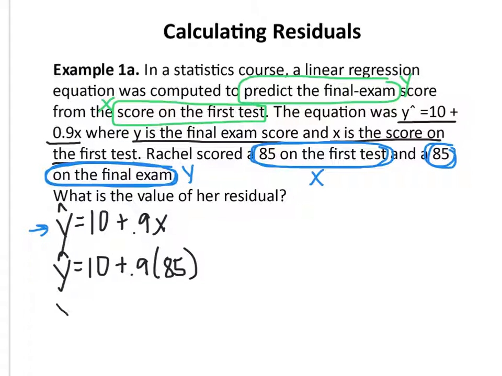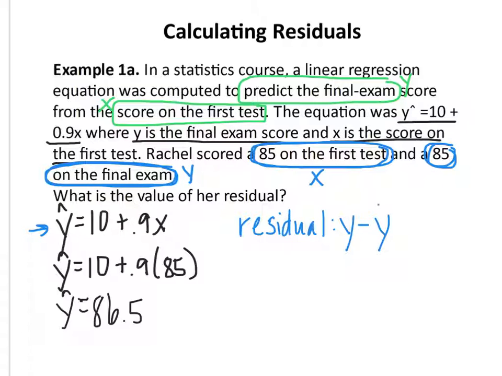That gives me a y hat of 86.5, meaning based on this prediction model, she should have gotten an 86.5, but she actually got an 85. So when I want to calculate her residual, I know that residuals are the actual minus the predicted, or y minus y hat.